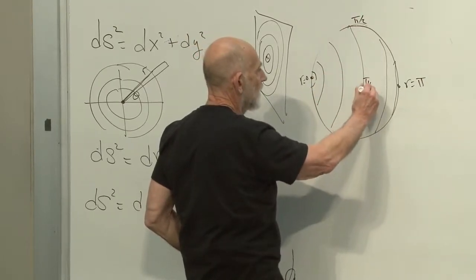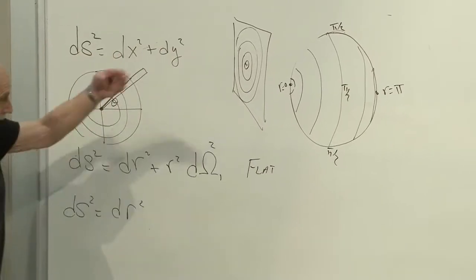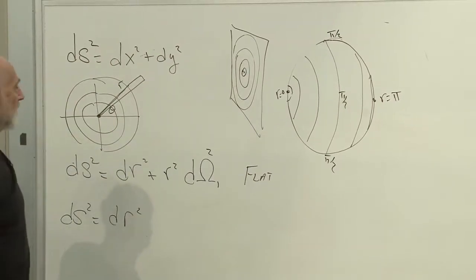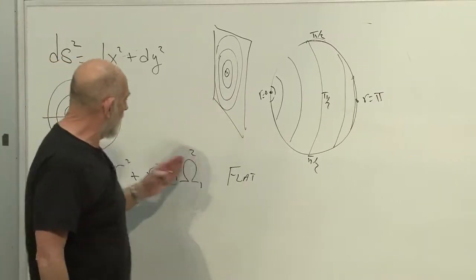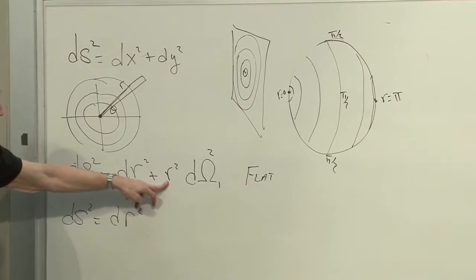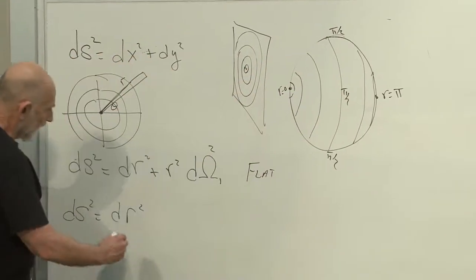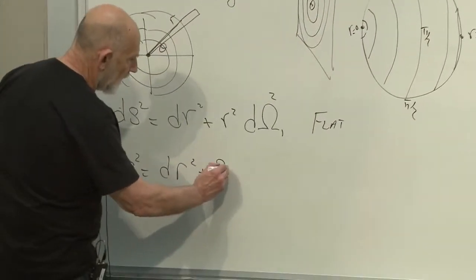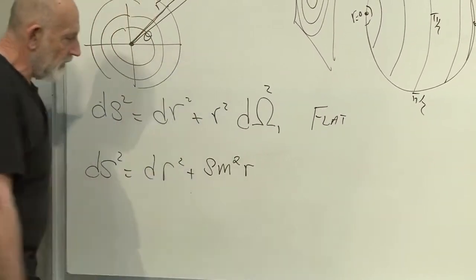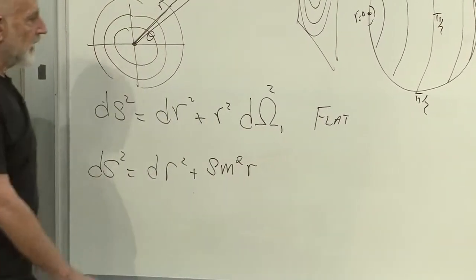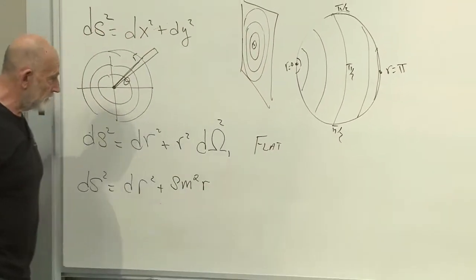Pi over 2, pi over 2. On the equator, the radius of each one of these spheres, instead of growing with distance like this, stops growing, comes back, and the answer is sine squared of r, meaning the square of the sine, times the metric of a unit circle.